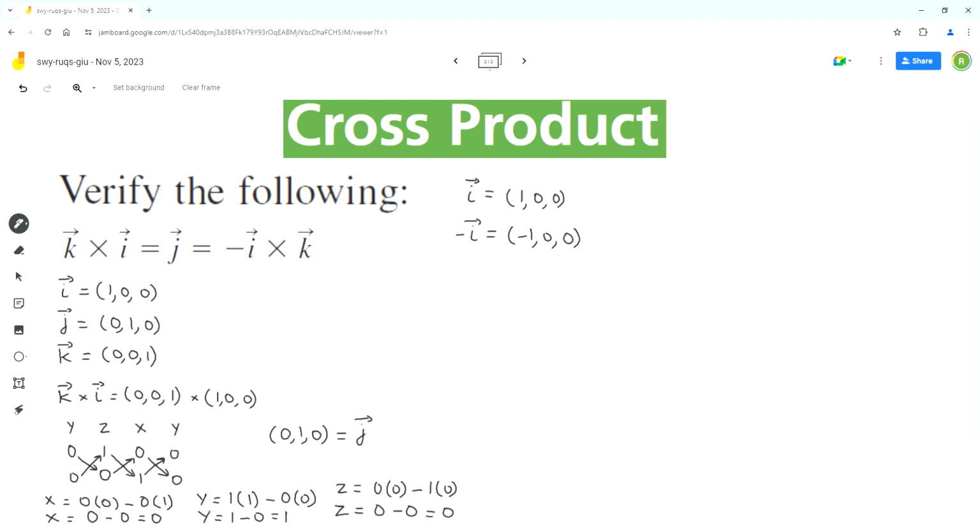Now we can find the cross product. So we will stack the y, z, x and y components of these two vectors.